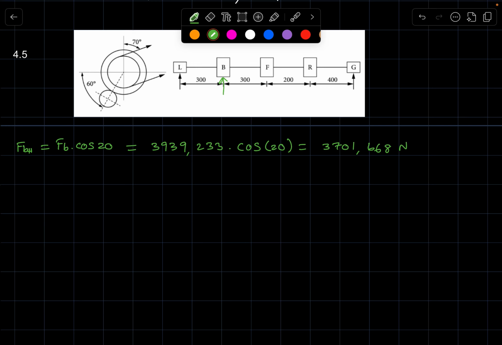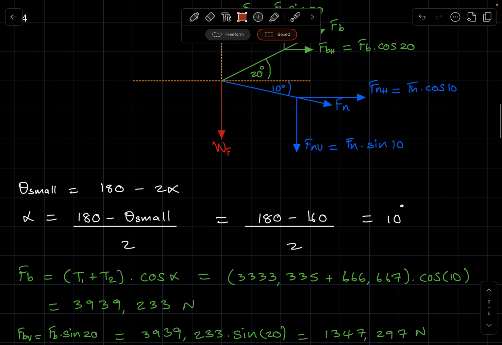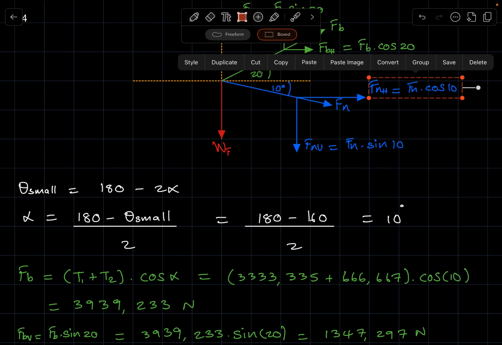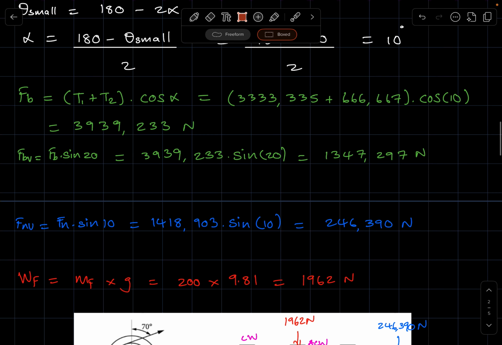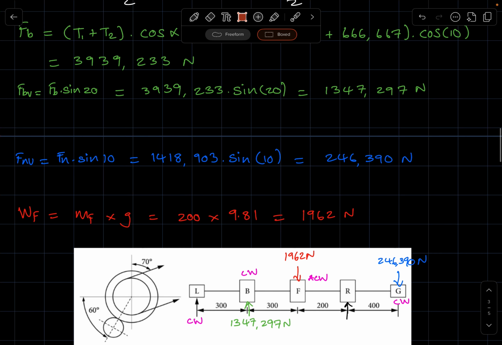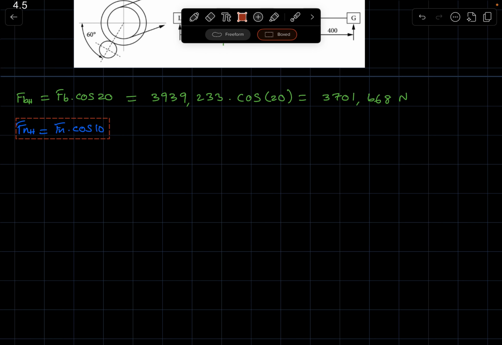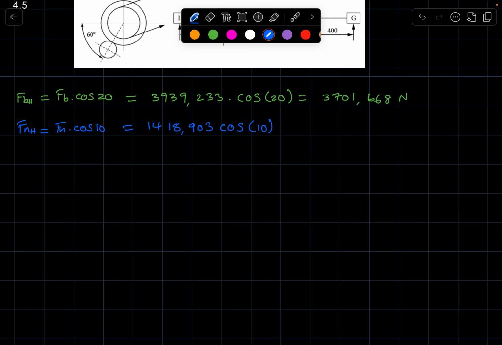Right? Then, of course, you look at the horizontal component of the normal force, which is this one. Remember the normal force we calculated and got 1418,903. So this is equal to 1418,903 cos 10.